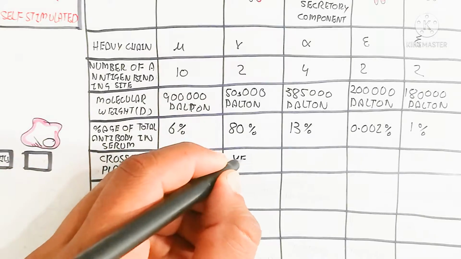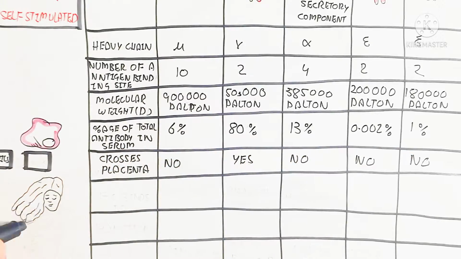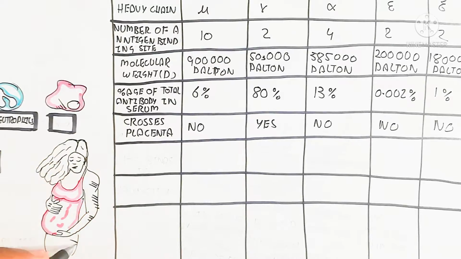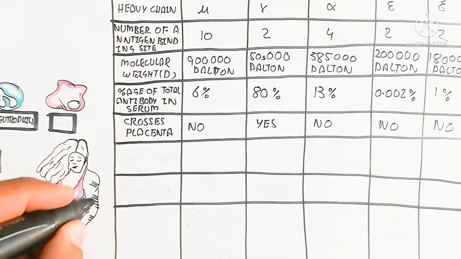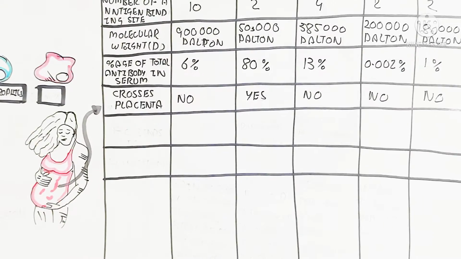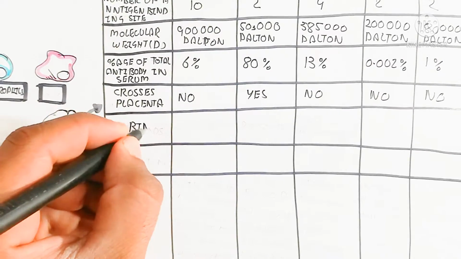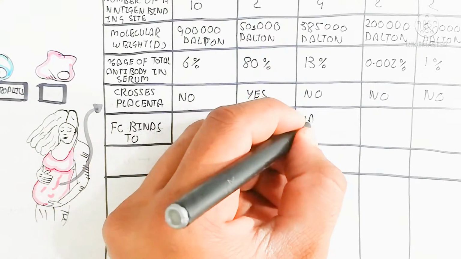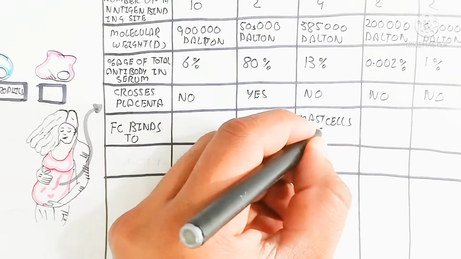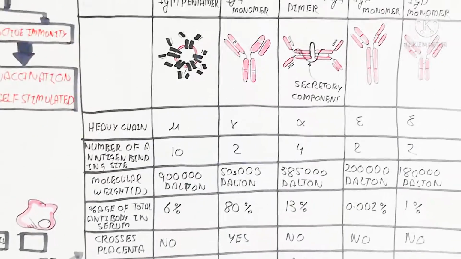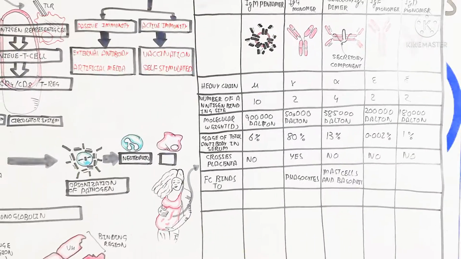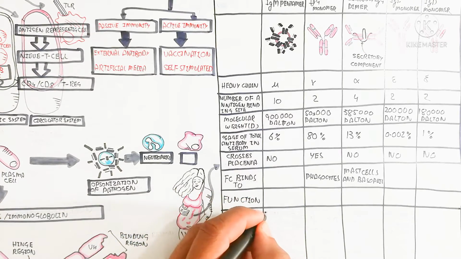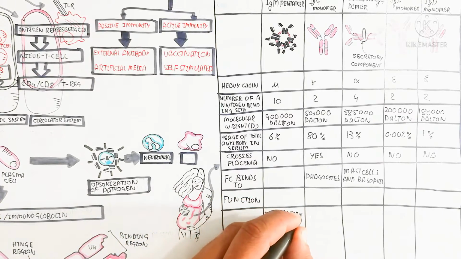So here is the percentage of total antibody in serum: 6% is the IgM pentamer, while 80% is the IgG monomer. IgG can cross the placenta, it is the only antibody that can, and that is why it is mostly present in the blood circulatory system.